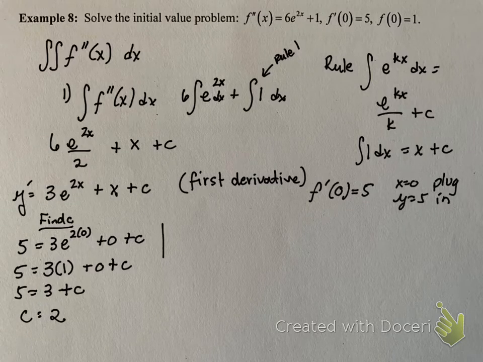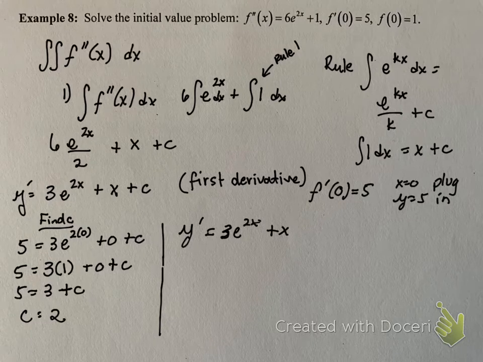Okay, so now that I have that, I can write my formula for the first derivative as 3e to the 2x plus x plus 2. So if I want to get back to the original function, my next step is we have to integrate.